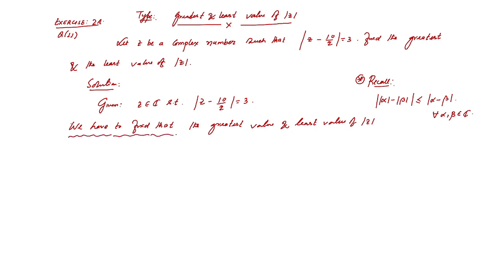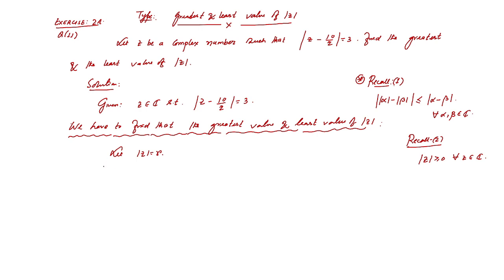Now one thing is very important here. This is recall 2, so memorize recall 1 and recall 2. Modulus of Z is always greater than or equal to 0 for all Z belonging to C. So we consider here, let mod Z equal to R, and we use the inequality written in recall 1.